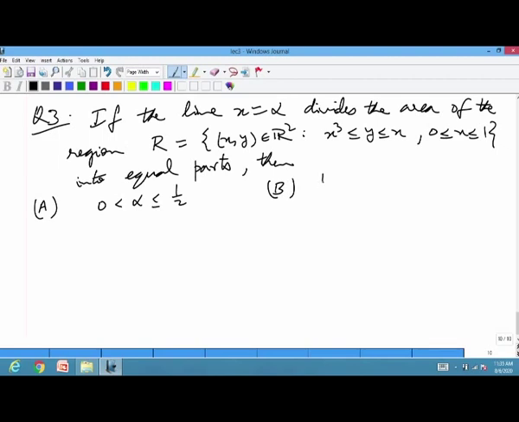Second is alpha is greater than half and less than 1. C is 2 times alpha to the 4 minus 4 alpha square plus 1 equal to 0, and D option is alpha to the 4 plus 4 alpha square minus 1 equal to 0.